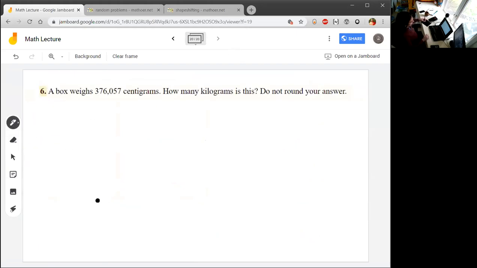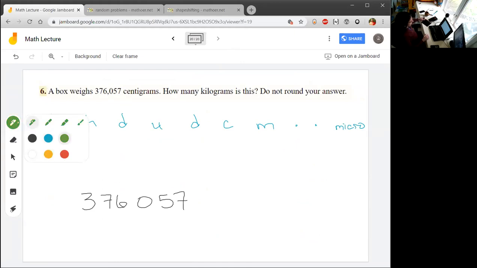Okay, so I have a number 376.057. I have my thing, killer hobos dance under dazzling crystal mobiles, micro. So where am I starting? At the C?